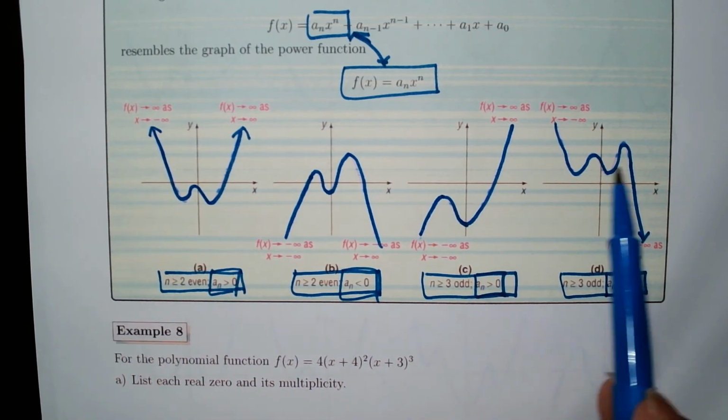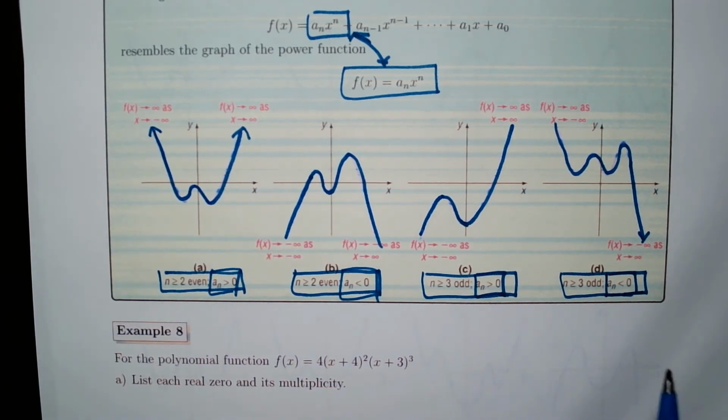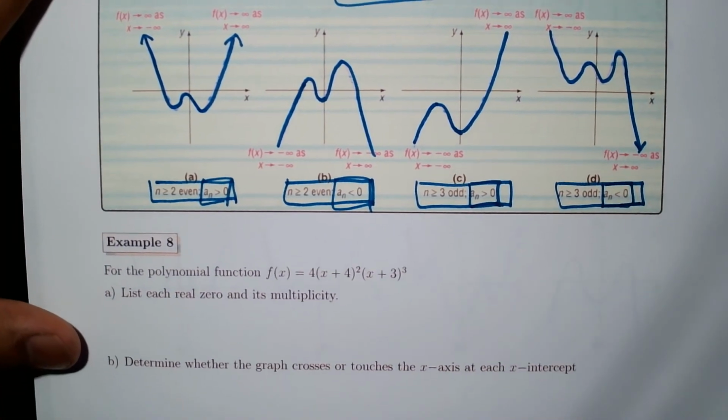This is going to be very important when it comes to sketching graphs of polynomials given some information. So having an understanding of the end behavior is going to be very crucial to determine what the graph is going to look like.